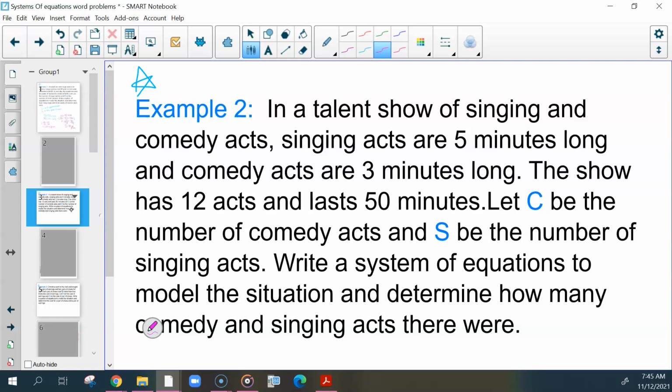What did you find that was important here? Swing acts are 5 minutes long. What else is important here?